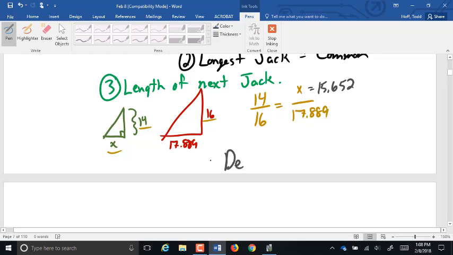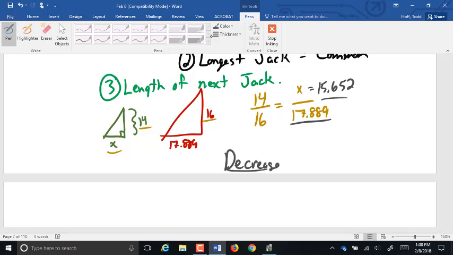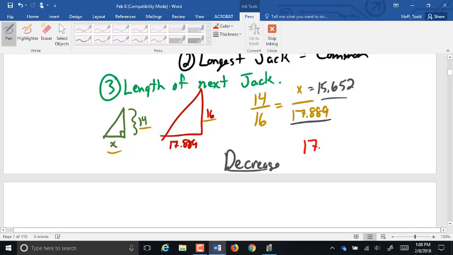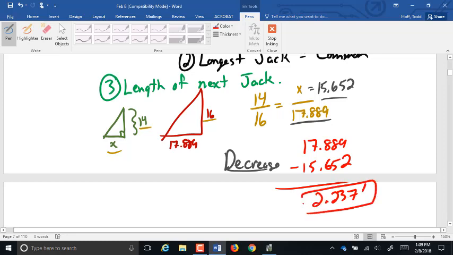The decrease is the difference between those two. 17.889 minus 15.652. That's 2.237 feet. Now again, I'm going to trust that you guys can convert that into feet, inches, and sixteenths.